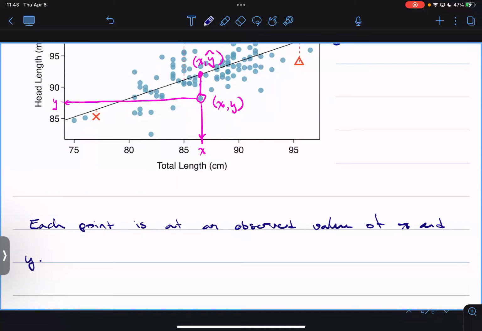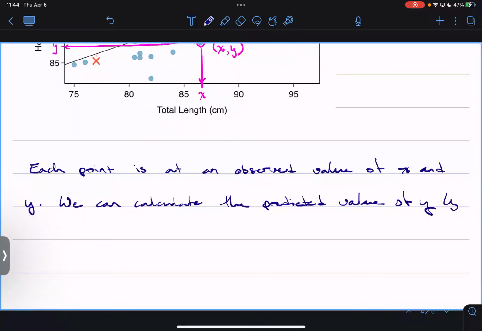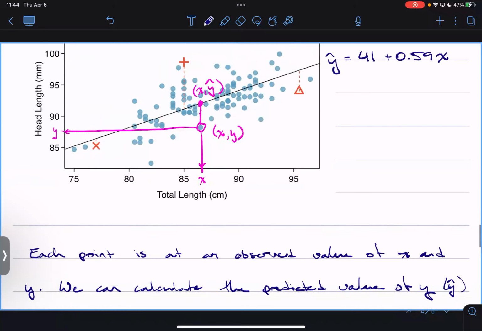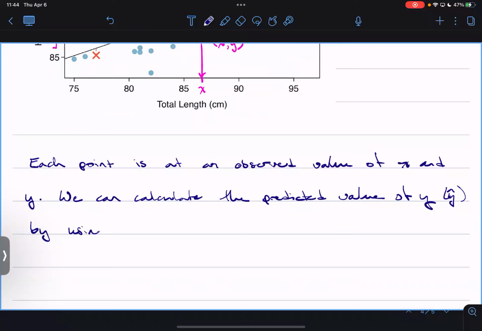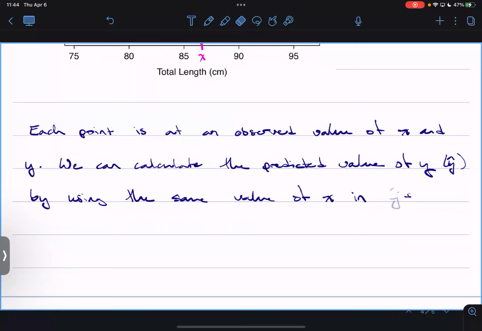We can calculate the predicted value of y at that same point of x, which is y hat, by using the same value of x in y hat equals, and in this case, 41 plus 0.59x.